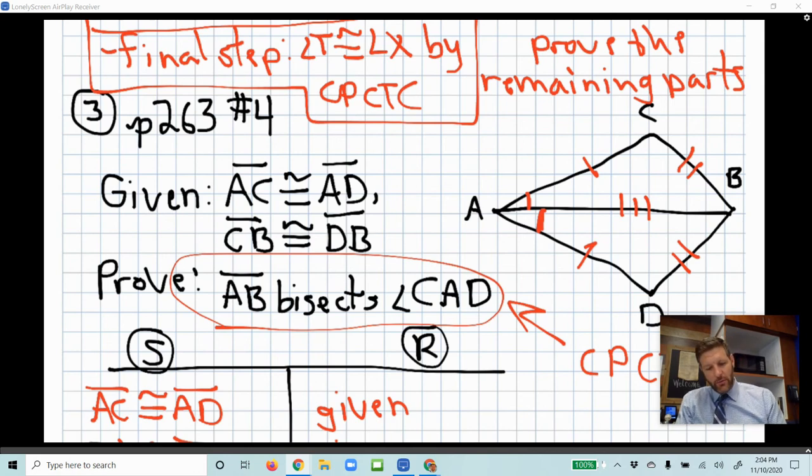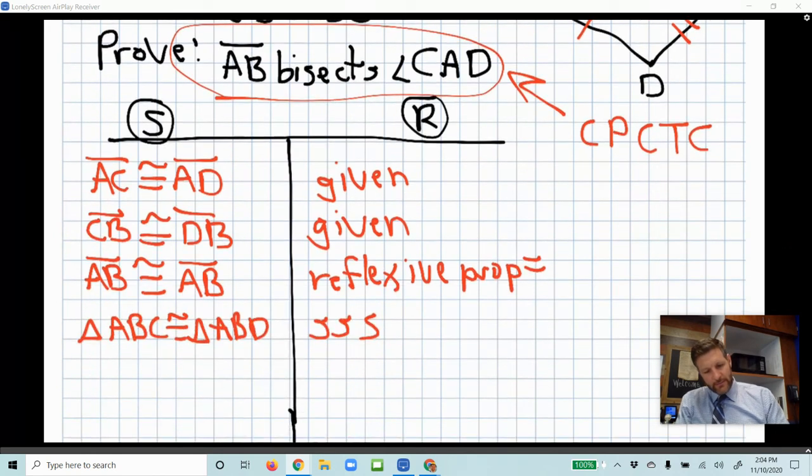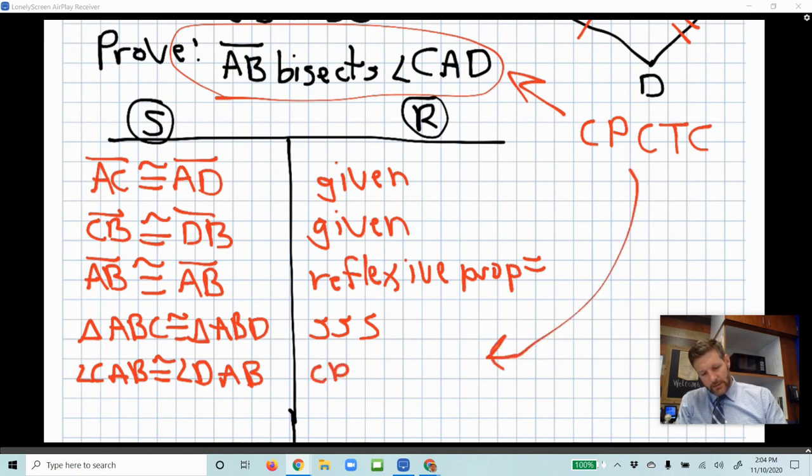So I know that angle CAB is congruent to angle DAB. How did I know that? My friend, CPCTC. Once I've proven the triangles congruent, SSS, then I know that all the corresponding parts of the triangles must also be congruent.